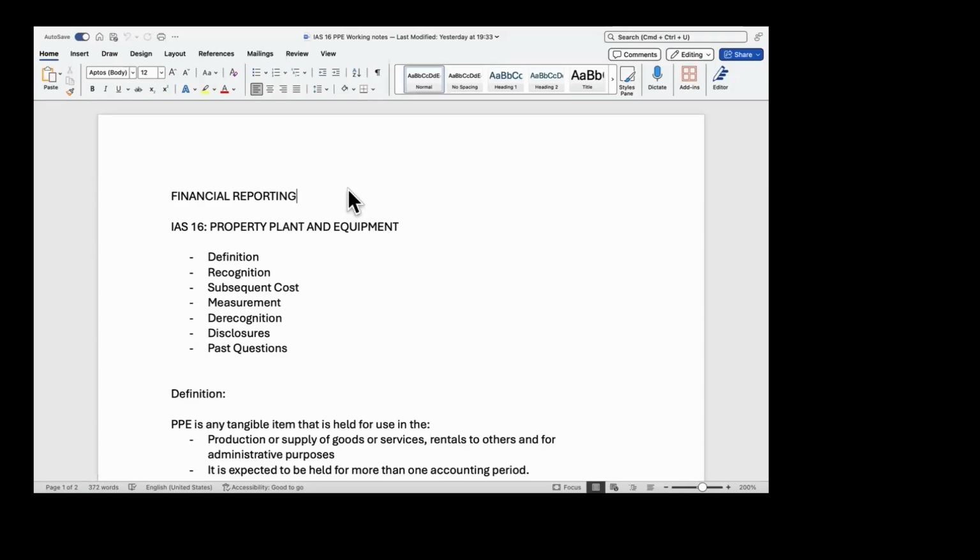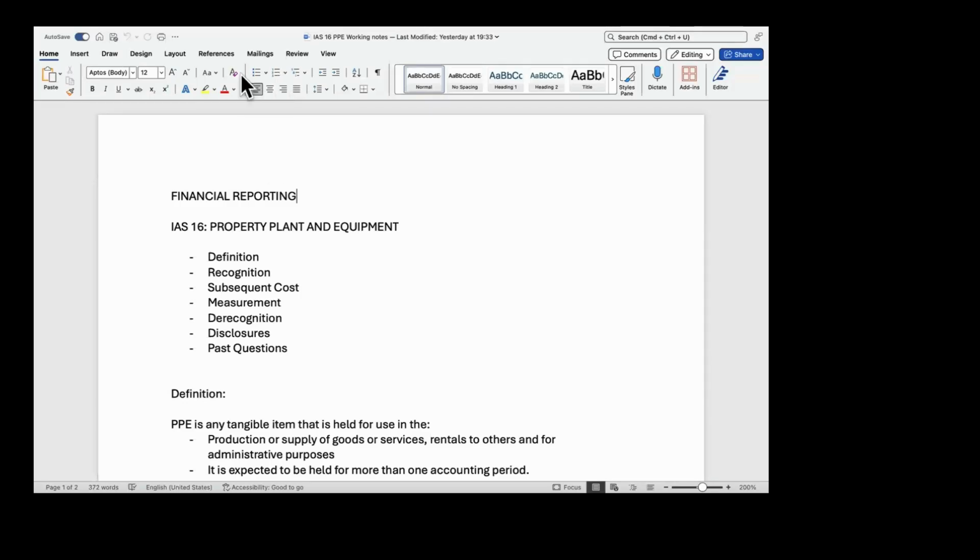Today we are going to move deep into IAS 16, so that if we don't finish it, what we'll have left is just to solve questions. Remember last week we started looking at IAS 16, which is a standard that deals with property, plant, and equipment.